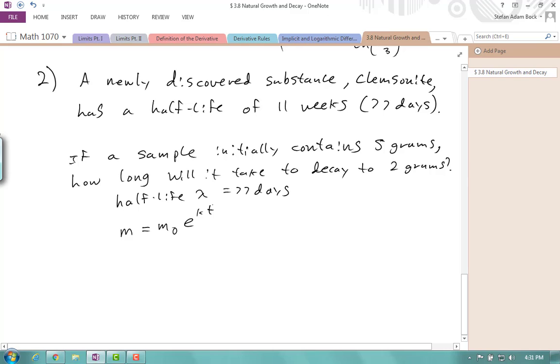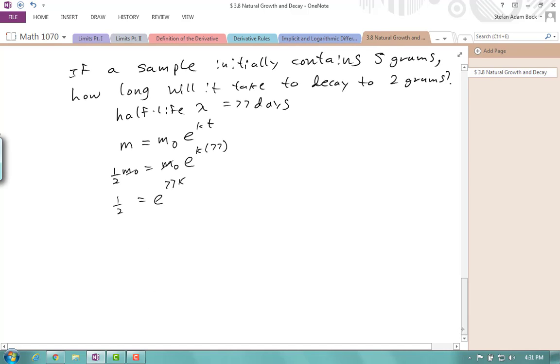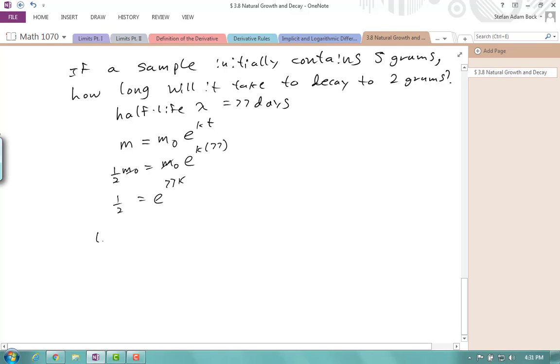Now, my half-life is 77 days, which means that 1/2 of the initial is what happens when I plug in 77 days. Or 1/2 is equal to e to the 77k, which actually helps me solve for the k value. My natural log of 1/2 will be 77k, or k is equal to the natural log of 1/2 over 77.